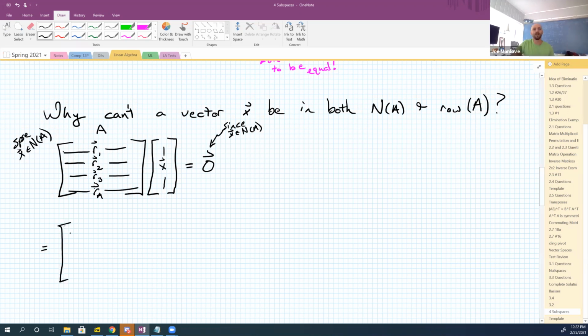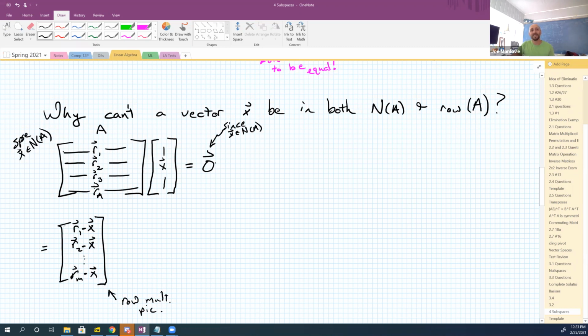Yeah, it's also a column vector made out of R1 dotted with X and R2 dotted with X, and on down to RM dotted with X. You guys see that? Okay, now if this is the 0 vector, so this is just the row multiplication picture, right? This isn't anything special. Well, okay, it's kind of friggin' special, but it's just the row multiplication picture.